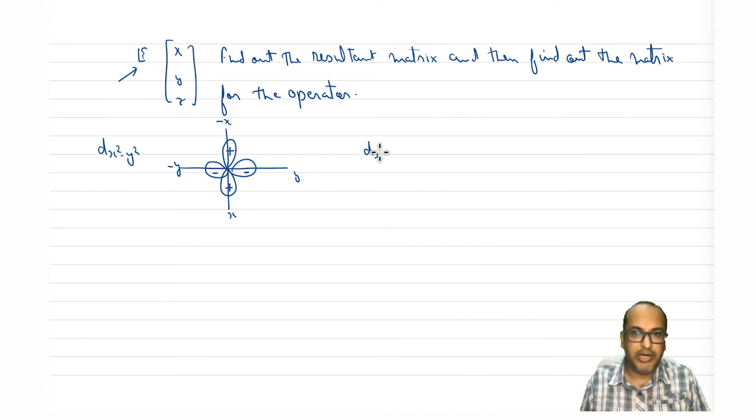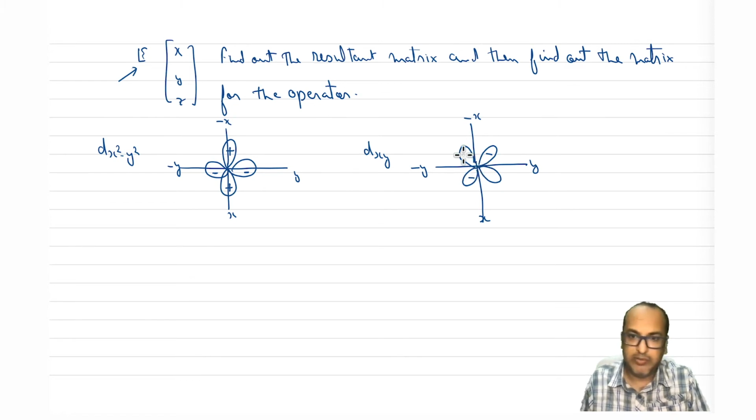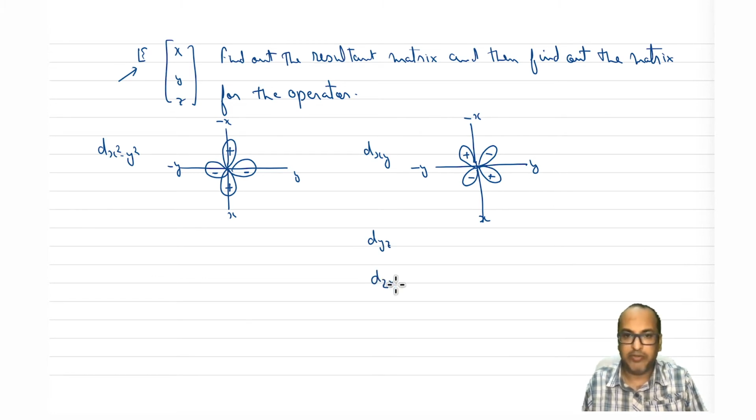Similarly for dxy, again we know this will be, so again let's not draw the z, x, y, minus x, minus y. Now dxy will be lying in between the axis, and the two opposite ends will be negative and these will be positive. Similarly, we can do it for dyz, which will be in the yz plane, and dzx, which will be in the xz plane. So it will be the same. If you want me to draw, I can draw it quickly.